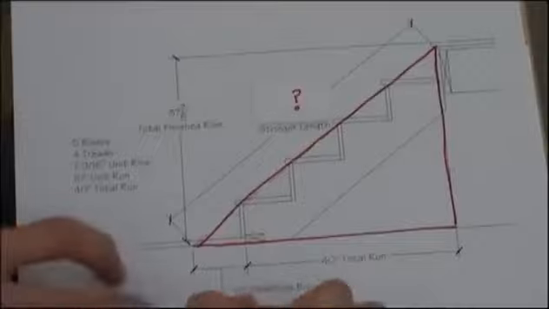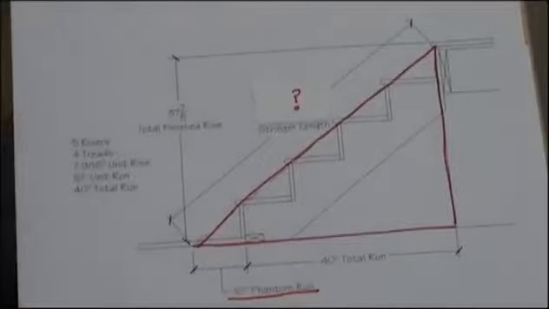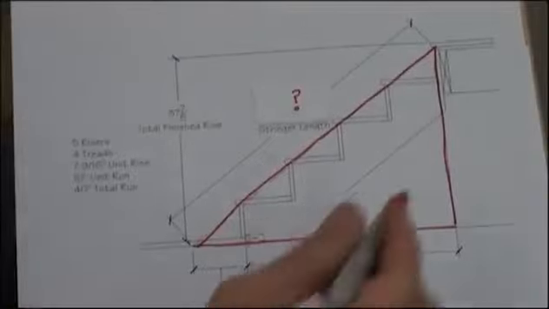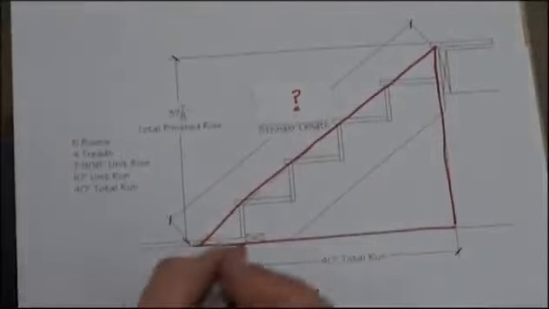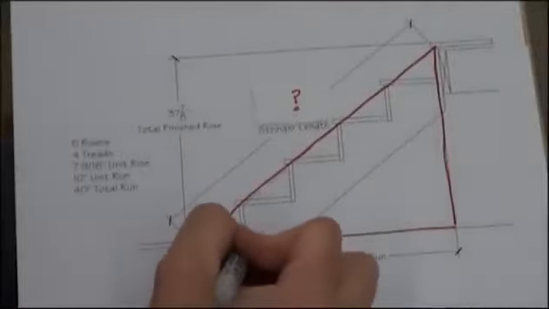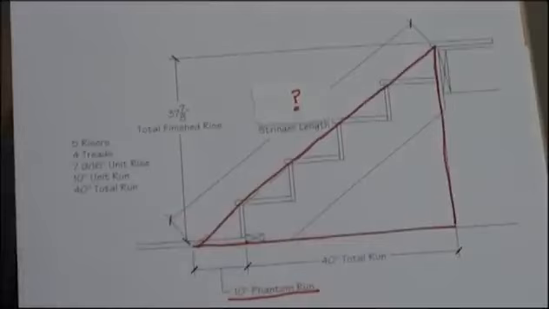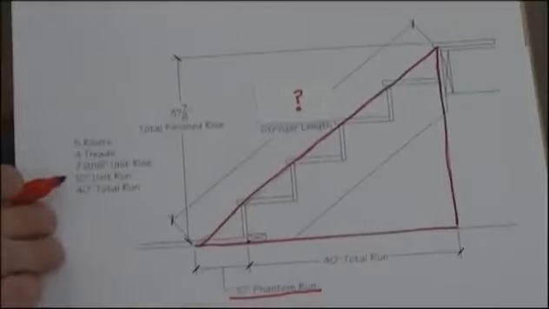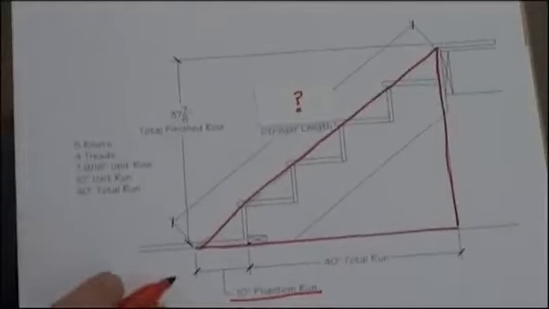The reason we include our phantom run is to complete our triangle. If we were to just use our total run, our triangle would not be accurate to how we build and lay out our stair. So we will include an additional 10 inches, which is 1 unit run for our phantom run when we calculate our diagonal for our stringer.